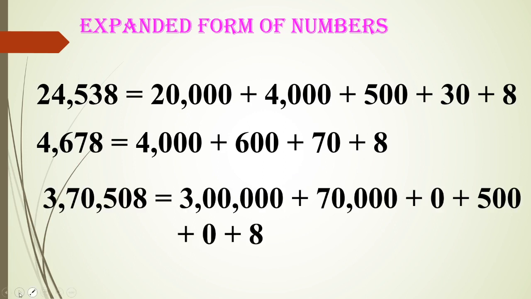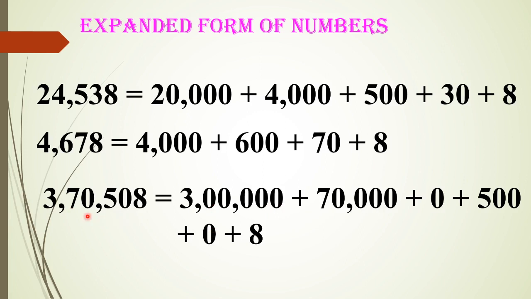Now next, this is 8 at ones position, then 0 at tens position, then 100 position, 1000 position, 10,000 position, and then lakh position. So the place value of 3 is 3 lakh, plus the place value of 7 is 70,000. Okay. Now what is the place value of 0?